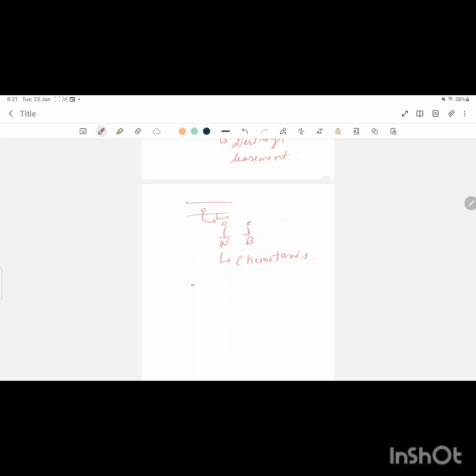Now, what are the exogenous chemotaxins? These are bacterial peptides. Bacterial peptides are exogenous chemotaxins. Exogenous मतलब बाहर से ना. This is the bacteria's own product, not the body's product. Now, what are the endogenous? That is the body's own products. Endogenous chemotaxins can be of different types.